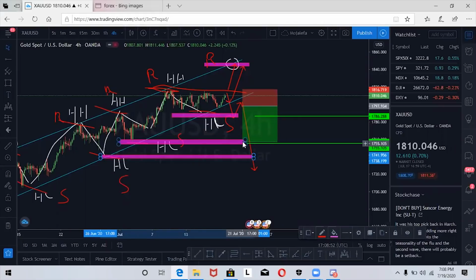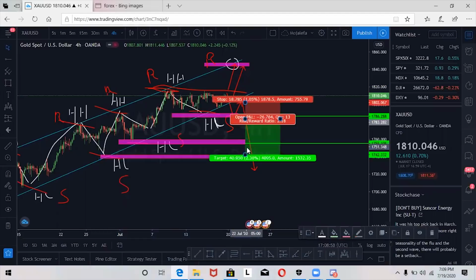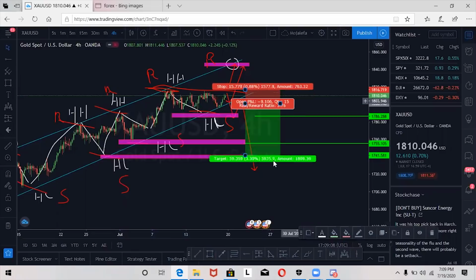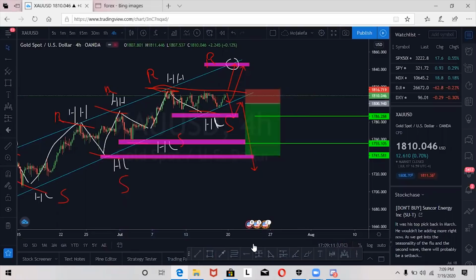Let me move this thing a little bit up. Something like this. I actually love trading with a 1:3 because using this risk reward, I'm able to hit my target and go out.